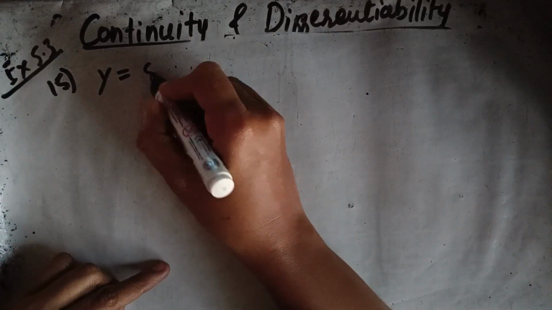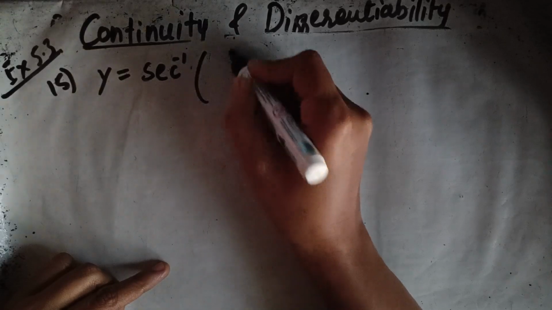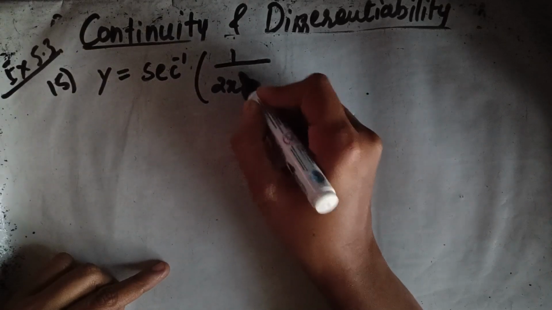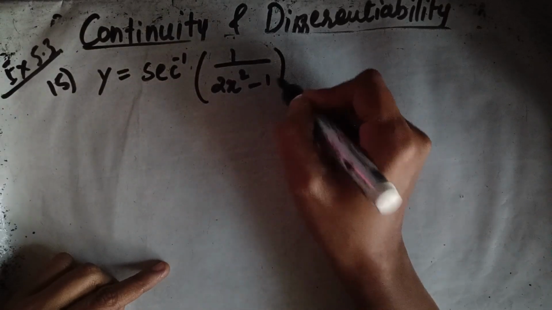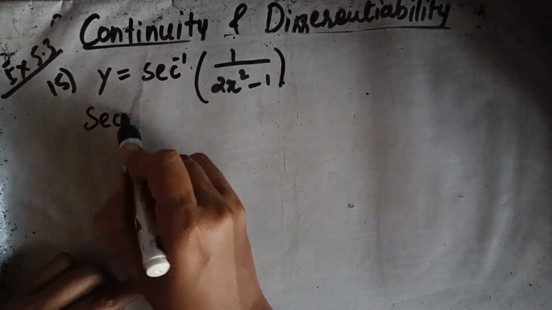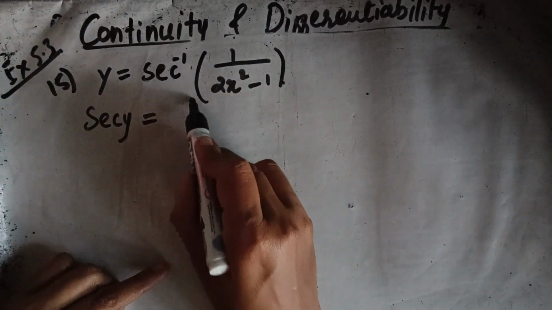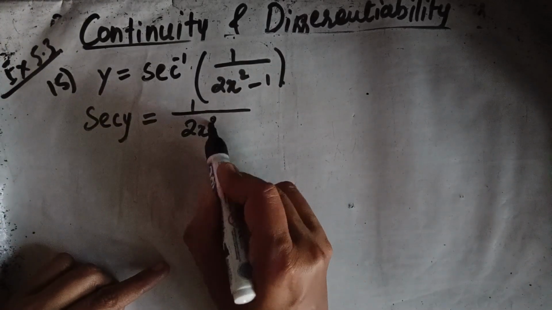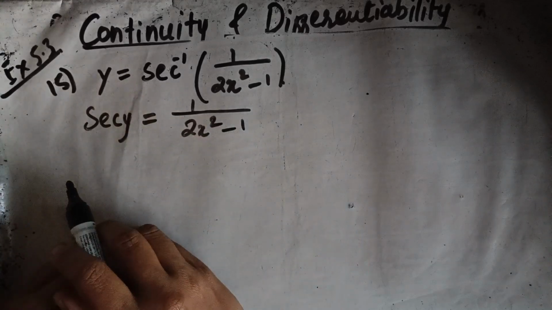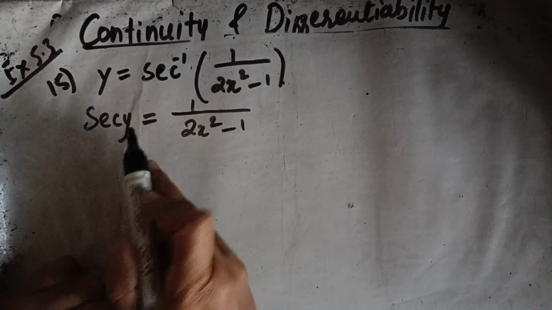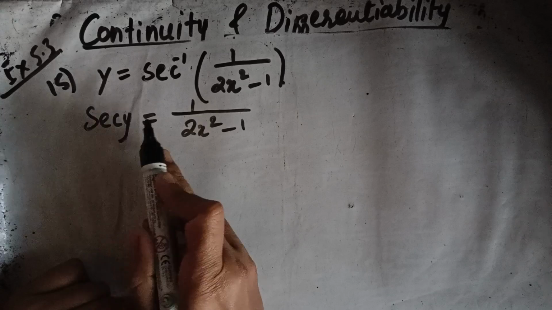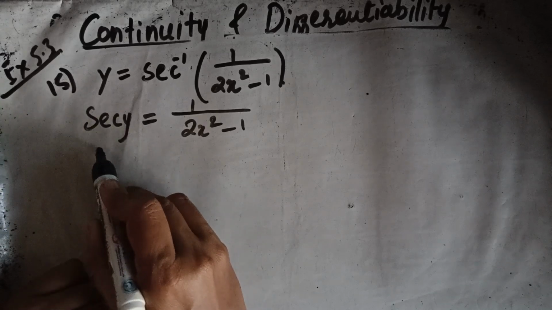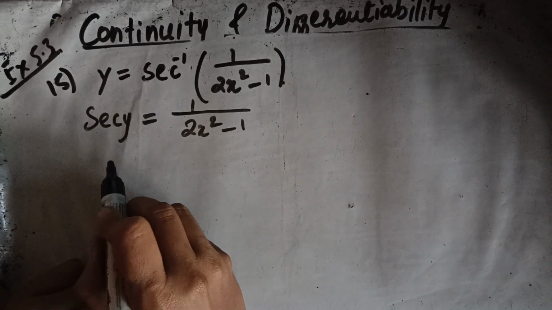Y is equal to sec inverse of 1 upon 2x square minus 1. So sec y equal to 1 upon 2x square minus 1. Okay. So we can write this sec y in terms of cos, that is 1 upon cos y, right?